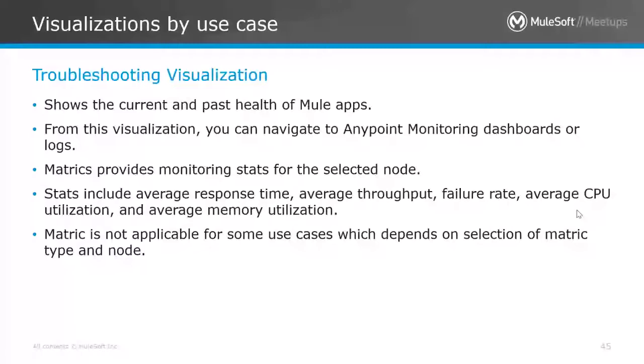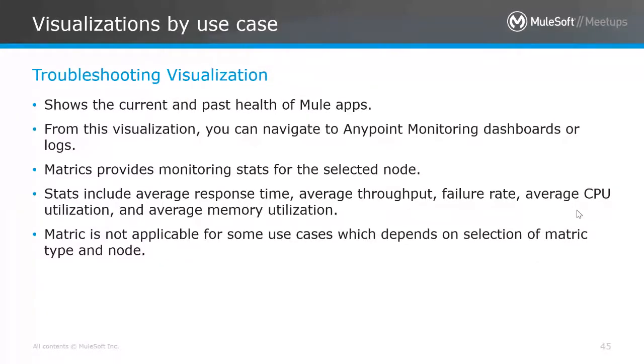So, troubleshooting visualization. This is the second category. First was the architecture, and the troubleshooting visualization provides some more information than just the connectivity which you saw in the architecture. It shows the current and past health of Mule apps. Health means the stats, as I told, CPU and memory utilization.